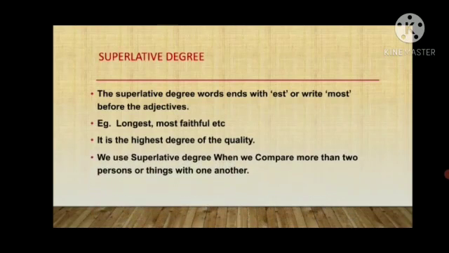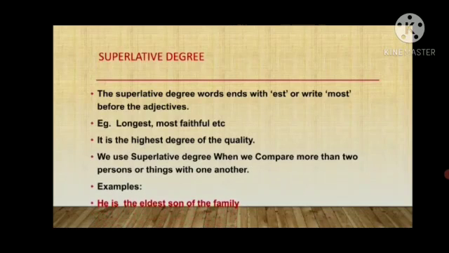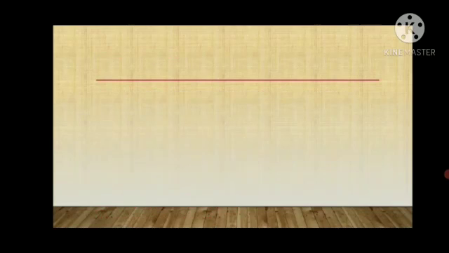We use superlative degree when we compare more than two persons or things with one another. For example, he is the eldest son of the family. It is the worst day of my life.